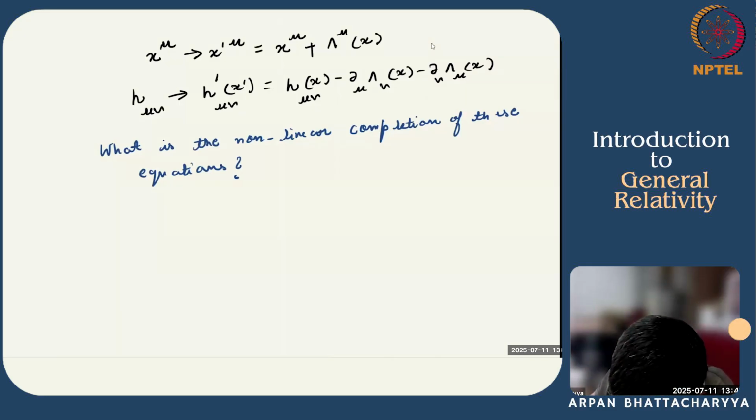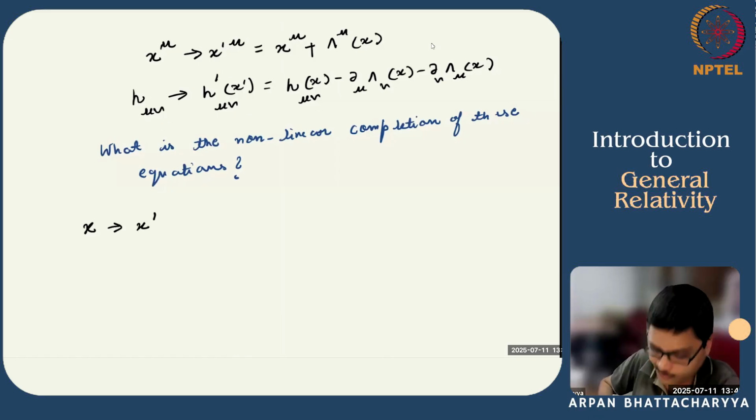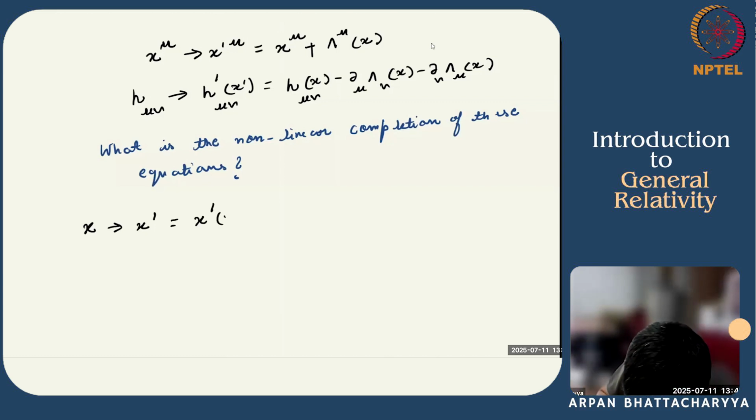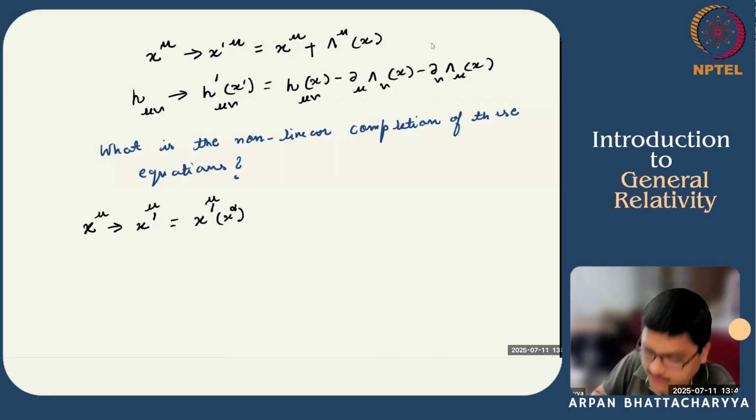So we go from x to x prime, and this x prime should be some arbitrary function of x. Here I have suppressed the indices. If you put the indices, mu goes to some x prime mu. Each of these x prime mu's will be some function of the old x, which has four components.